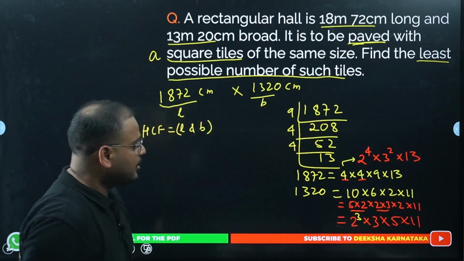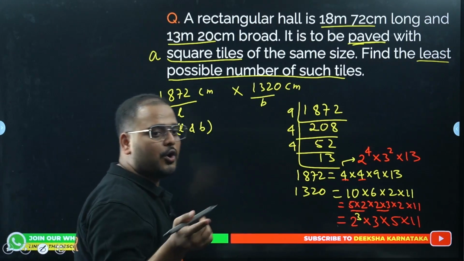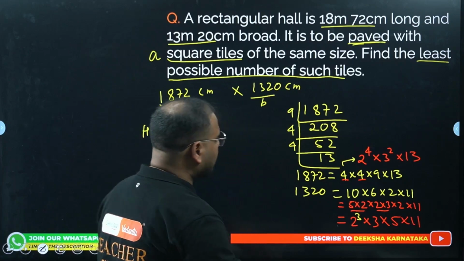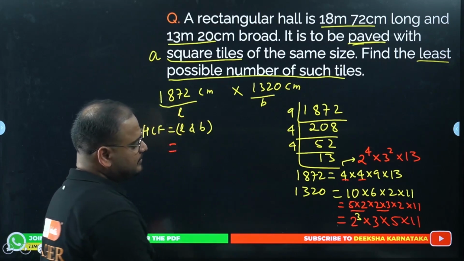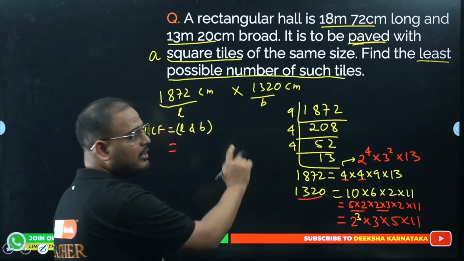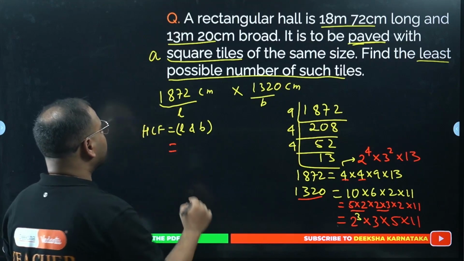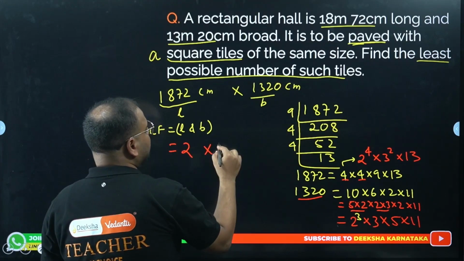Okay, great. Now HCF. What to find? HCF: common factors with least power. What is the common factor? Only 2 and 3. 5 is there in this 1320 but not there in 1872. 11 is again the same. 13 is also the same. So the only common factors are 2 and 3.